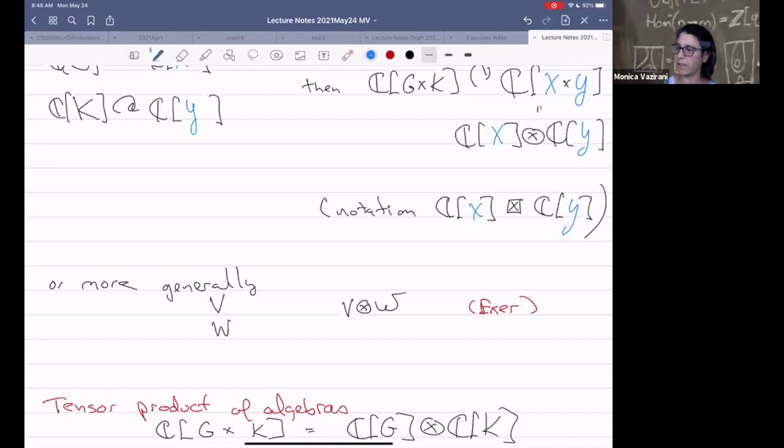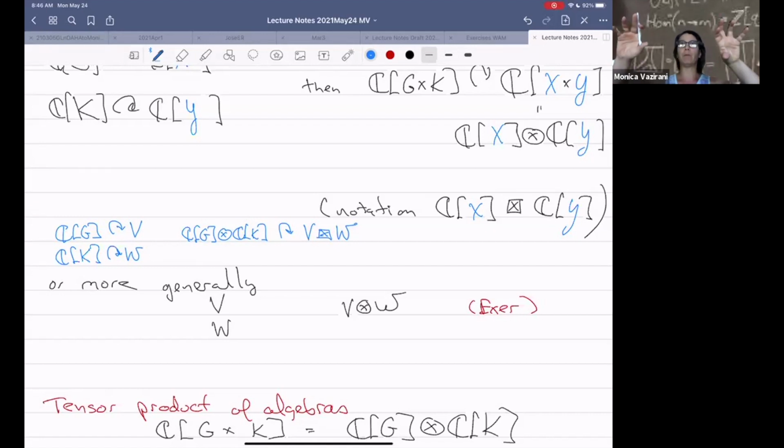If I have a CG module V, and let's say a CK module W, then the new algebra that CG tensor CK acts on, instead of just writing round V tensor W, I like to write V square tensor W to denote that it is the tensor product, but the action comes from two separate pieces, and this box times is denoting that it's coming from the outside.